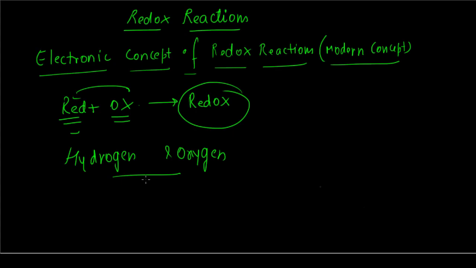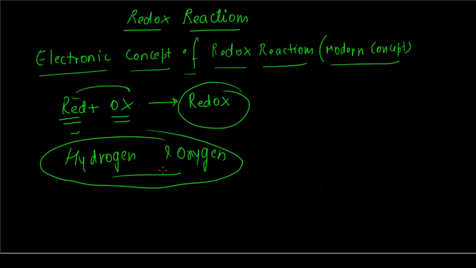This definition could not really explain many redox reactions. There were many redox reactions where we can't really directly see any change. It is very difficult to interpret, and in those cases also there was a redox reaction taking place, but we could not define it using these very easily.